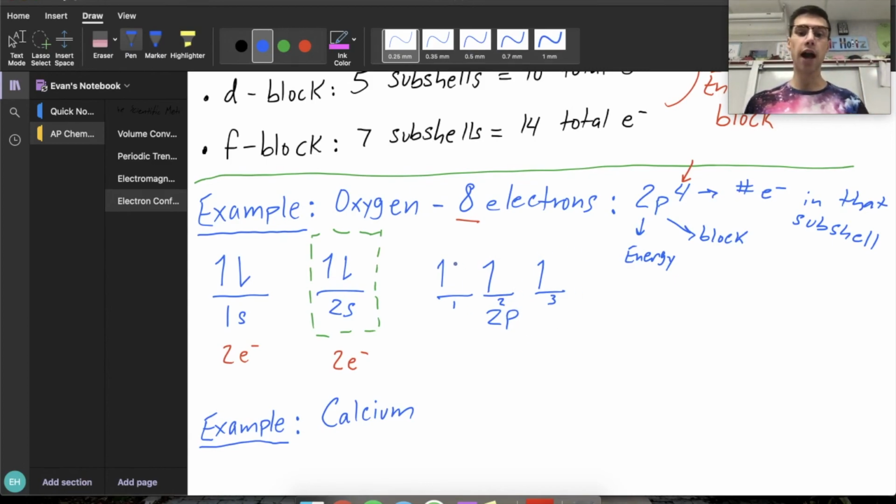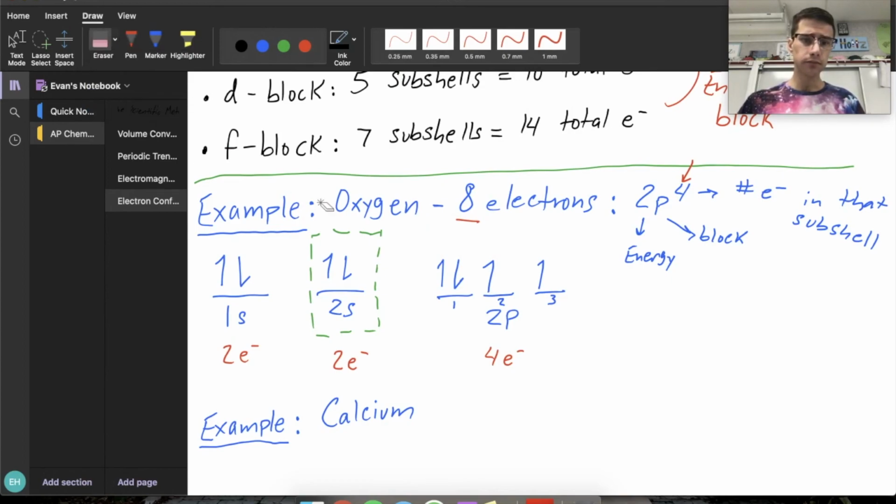Now we can come back and add an electron to a spot that's already been half filled because again, just like on the bus, everybody wants their own seat until that's not an option anymore. Which means our 4th electron is going to go right here. But again, it cannot be spin up because we already have a spin up electron here. So it has to be spin down. So now we've accounted for 4 electrons in the 2p block, which means we've accounted for all 8 of our electrons.